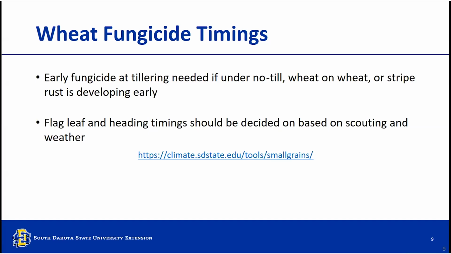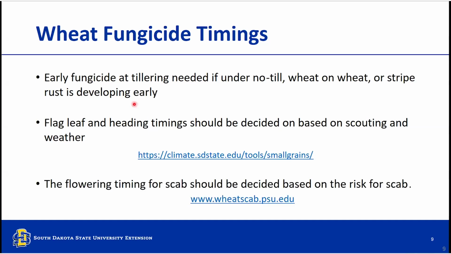We do have some scouting and some different tools available to help you make those management decisions. So if you see this, climate.sdstate.edu tools, which is called small grains, it will help with the risk factor of whether or not a fungicide would be needed out there. And that is looking at the leaf-based diseases. And then you do address some of the Fusarium head blight with the heading.